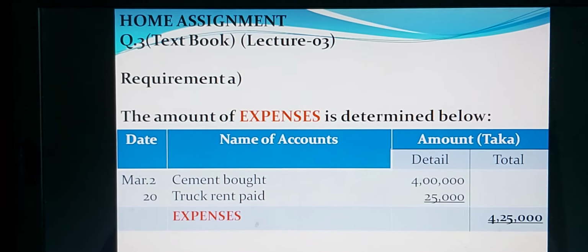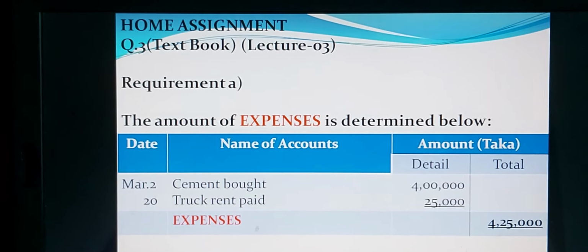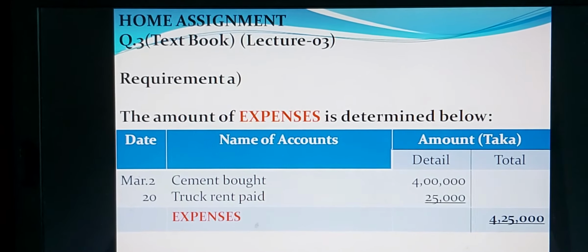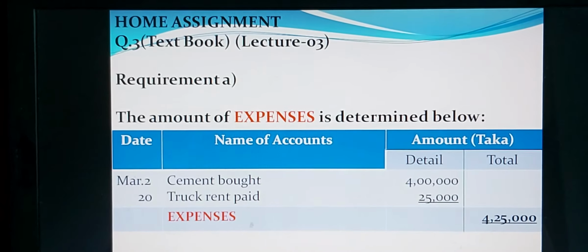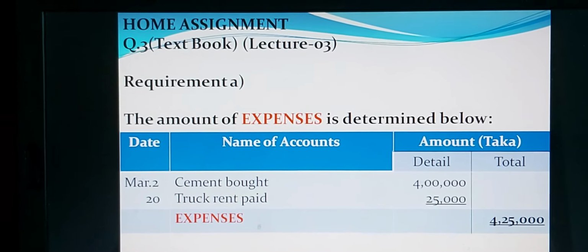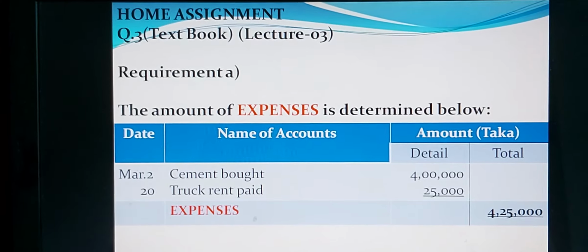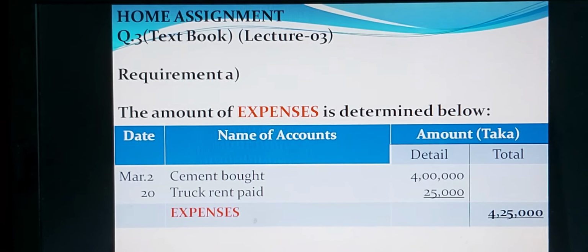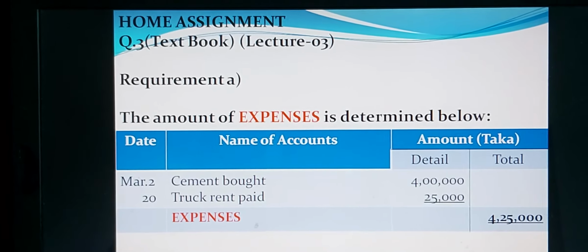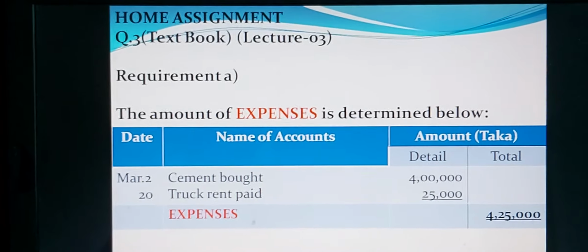That is the first one, date of March 2, cement bought for business. Cement is one kind of goods or product in this business. So it is one kind of expenses. Taka 4 lakh. Truck rent paid, dated March 20.